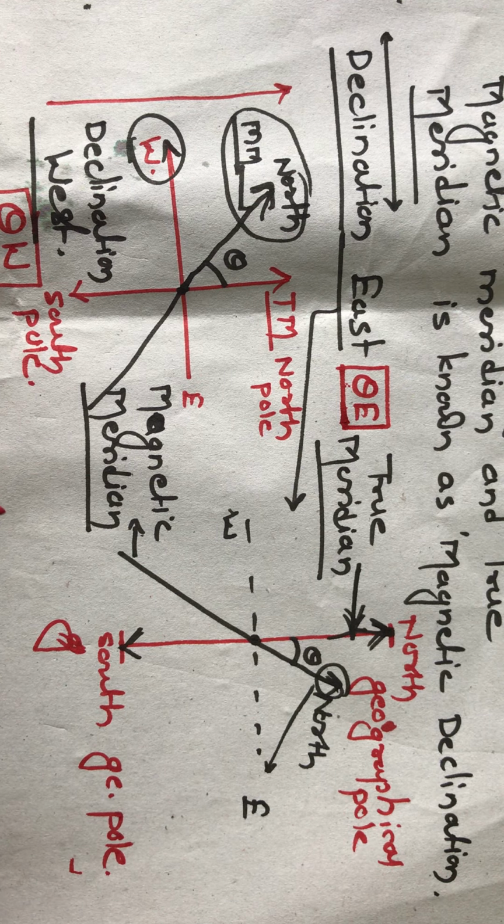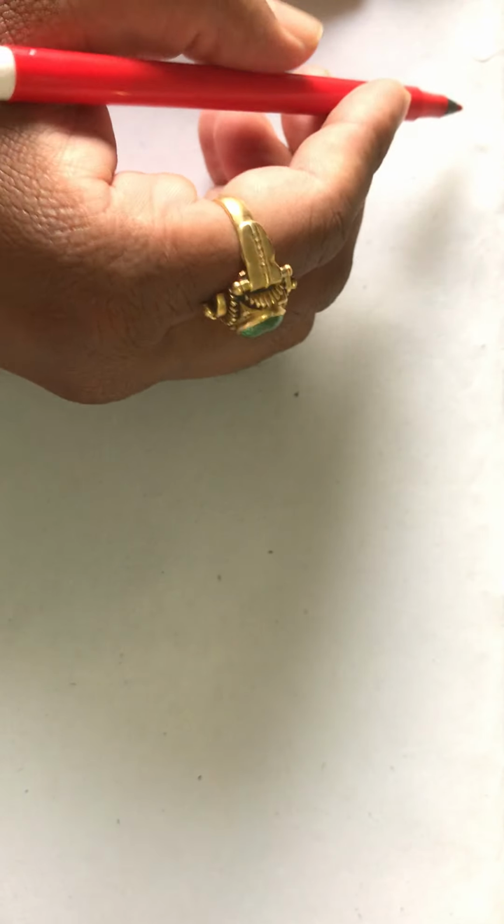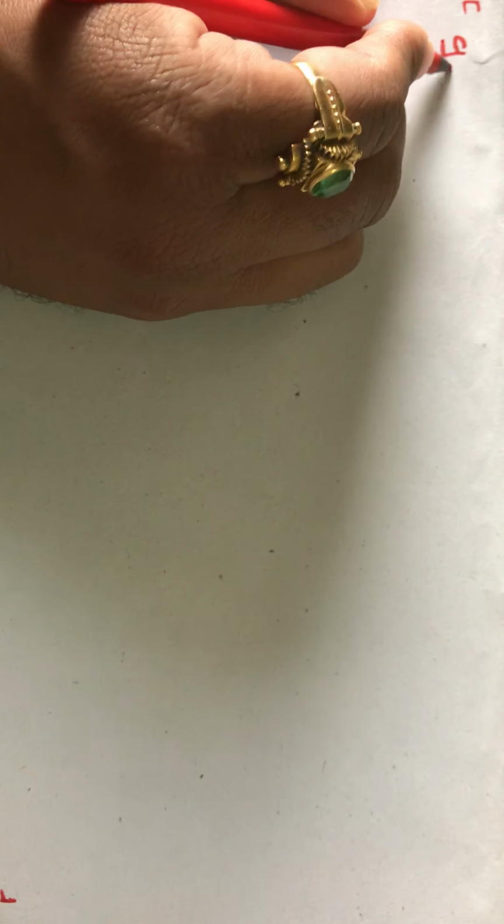Now we will see the next, that is isogonic and agonic lines. This is the ninth definition.